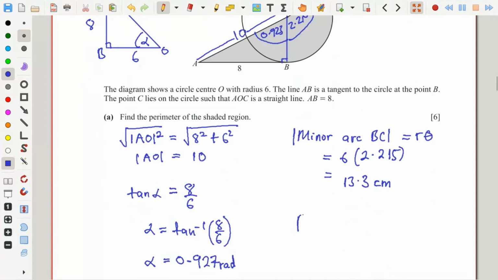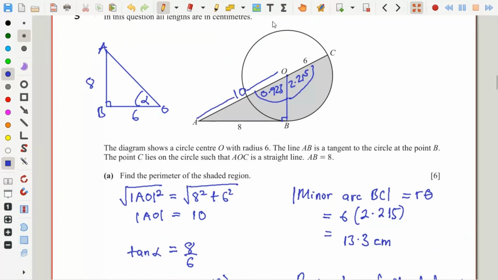So we are good to find the perimeter of the figure. Perimeter of shaded region. So you're going to have 6 plus 13.3 plus 8 plus 10.